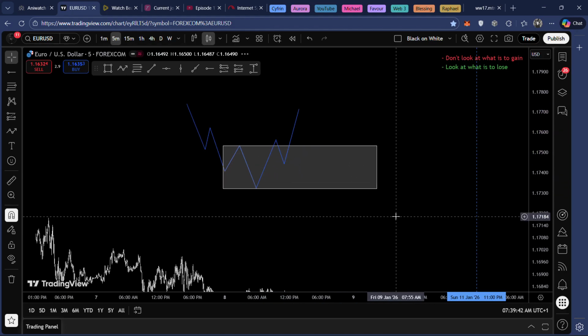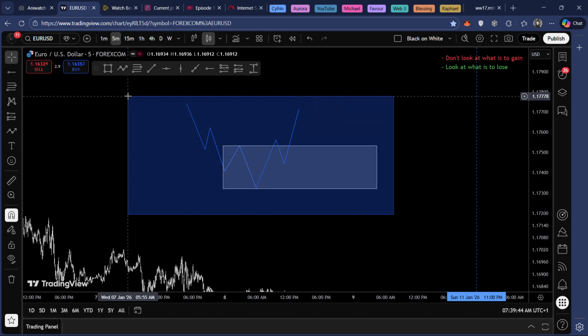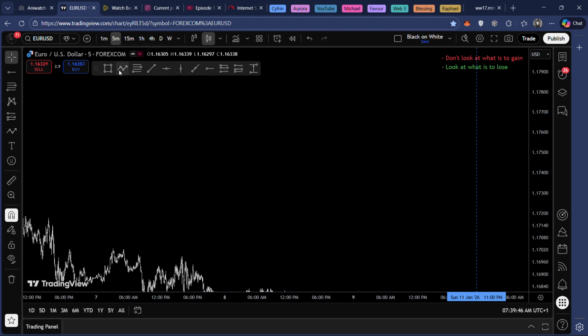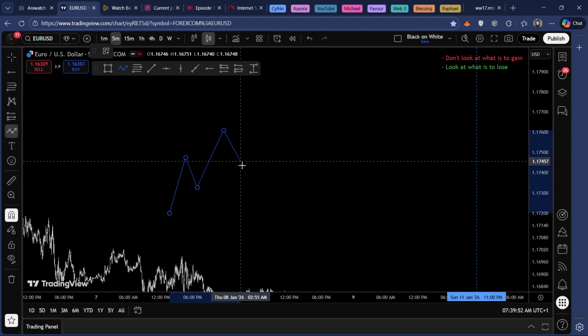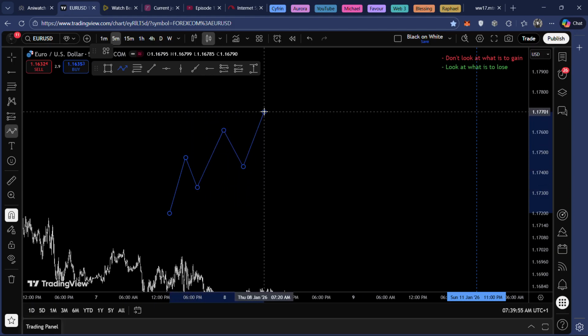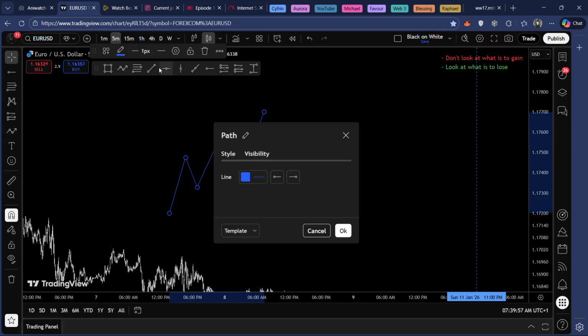But there is a situation which is not so rare, it happens. Price goes upward, comes here, comes here, comes here.